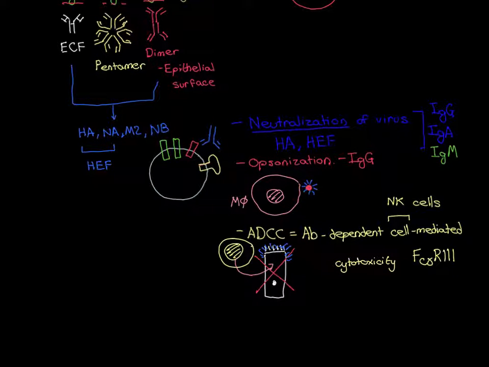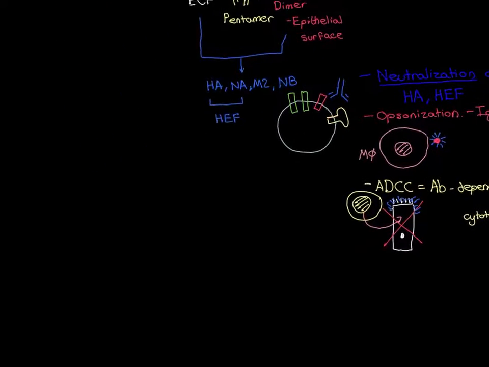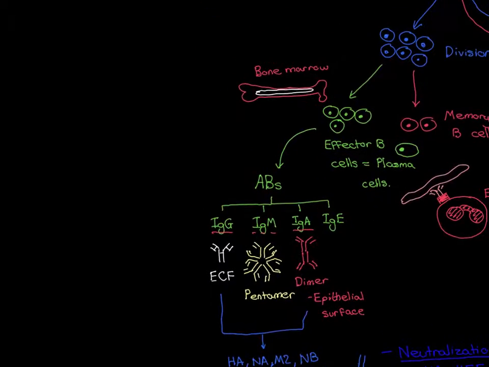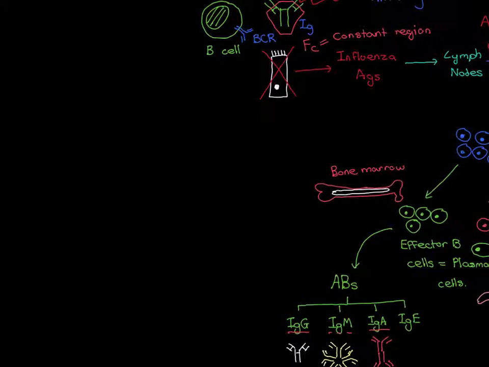And so after a few weeks, these cells will start to die. The plasma cells will also start to die, however some plasma cells will live for longer. So I'm just going to write a little bit of this down. We'll go up to here.